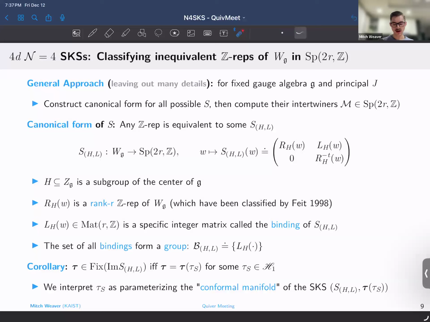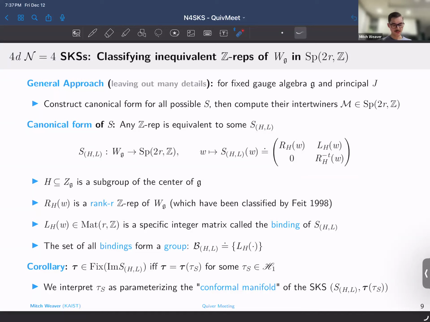Any Z-rep is going to be equivalent to a Z-rep which takes the following block diagonal form, in this sort of upper triangular matrix, where let me break down the ingredients here.